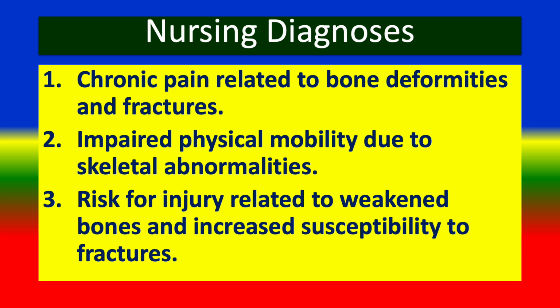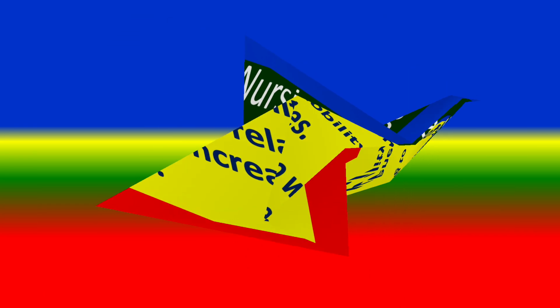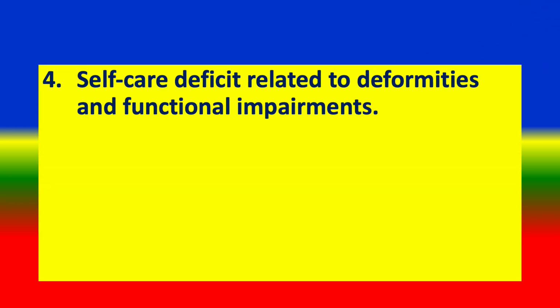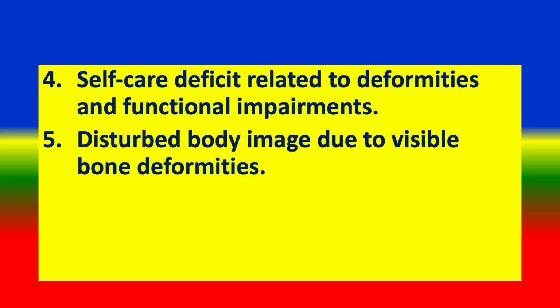Risk for injury related to weakened bones and increased susceptibility to fractures. 4. Self-care deficit related to deformities and functional impairments. 5. Disturbed body image due to visible bone deformities.